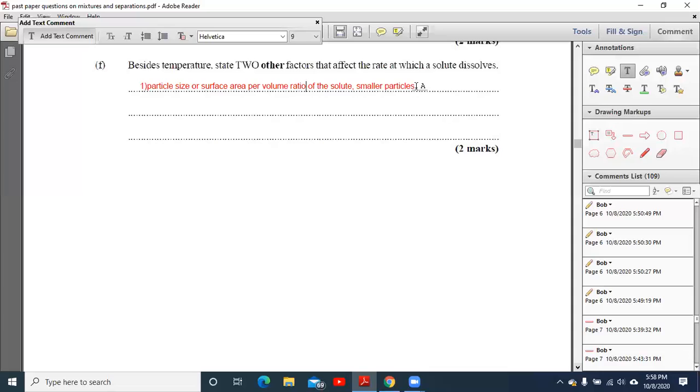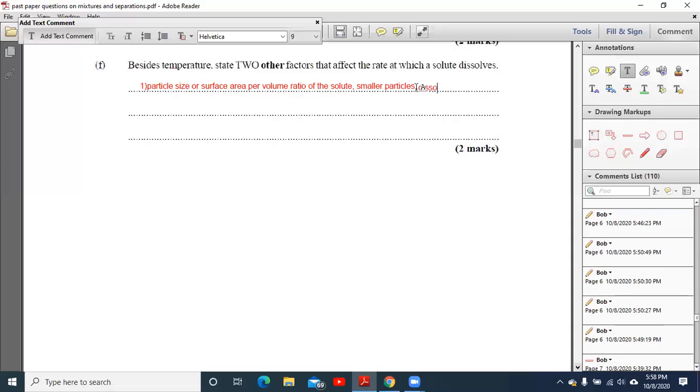That is how finely ground the solute is. And this will mainly apply, let's say, to crystals, even some powder, more powderish solutes. Smaller particles dissolve faster.